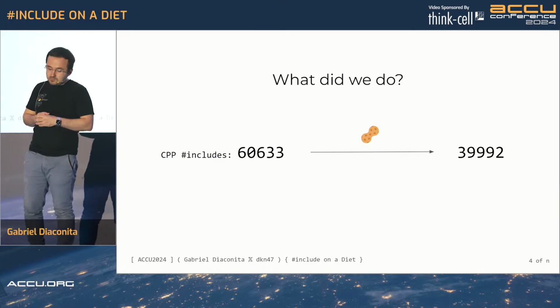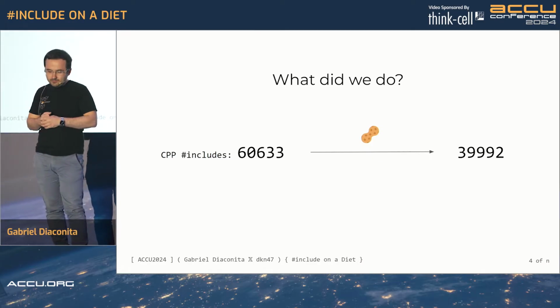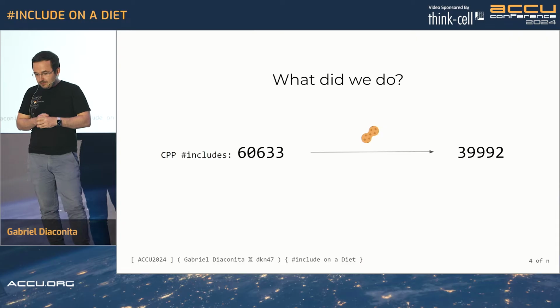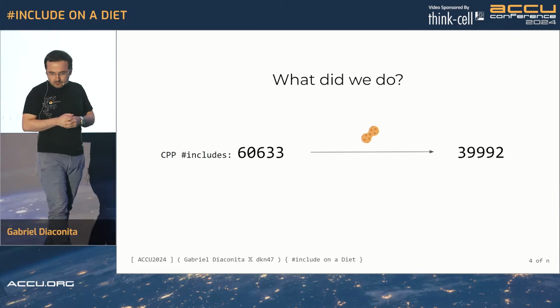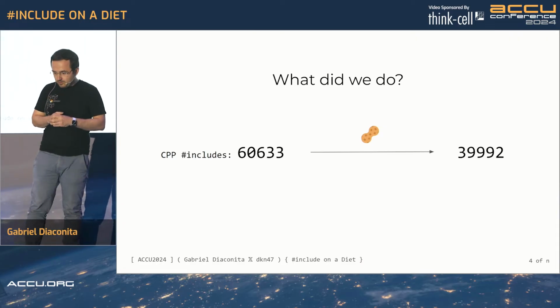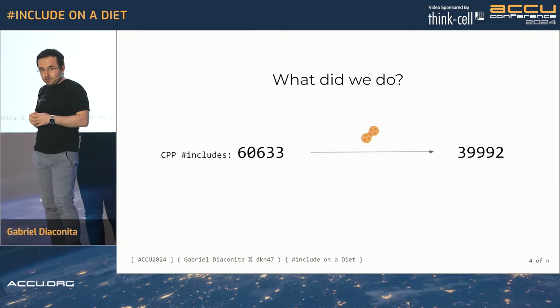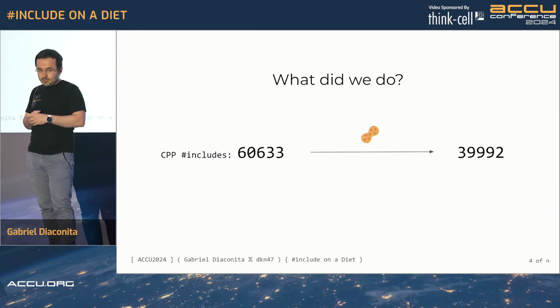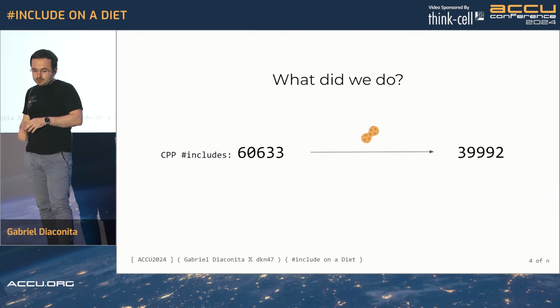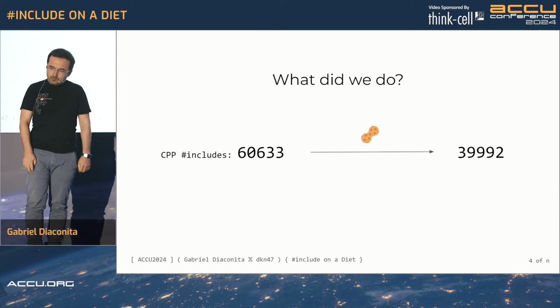Maybe not all of them. Maybe we can shed 5%, 10%. But as it appears, the number that we were able to jettison, to effectively remove from our code base, is quite large. And we will see exactly how we achieved this. We had multiple choices. We had alternative approaches that we could take, and we chose one.